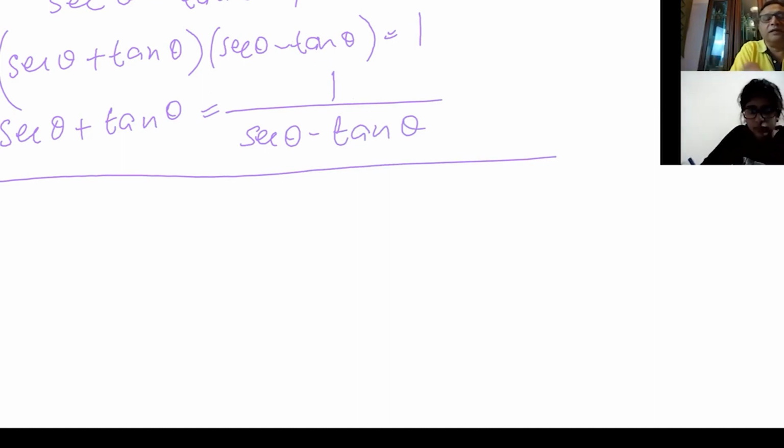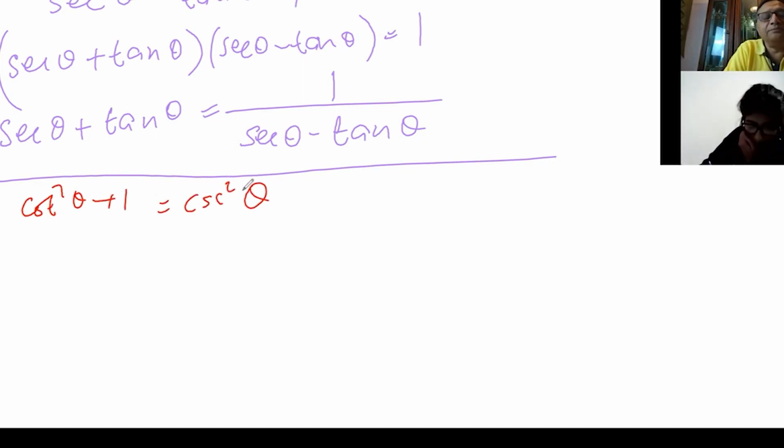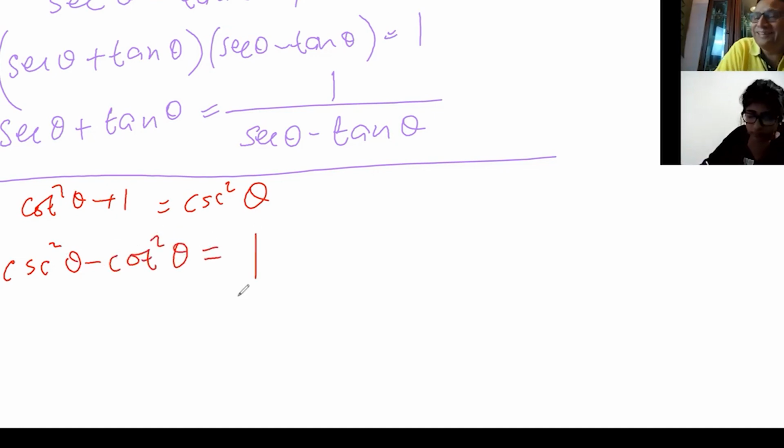Now, let me give you another identity. We know cot square theta plus 1 is cosecant square theta, right? Here also, I could write this as cosecant square theta minus cot square theta equals 1, correct?